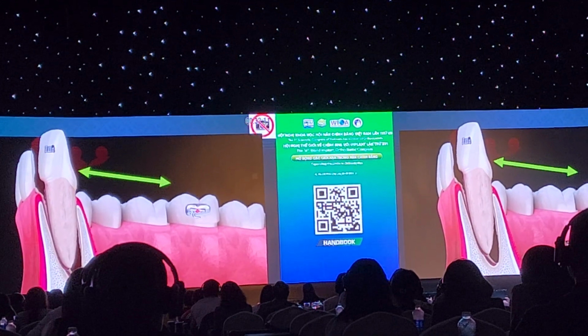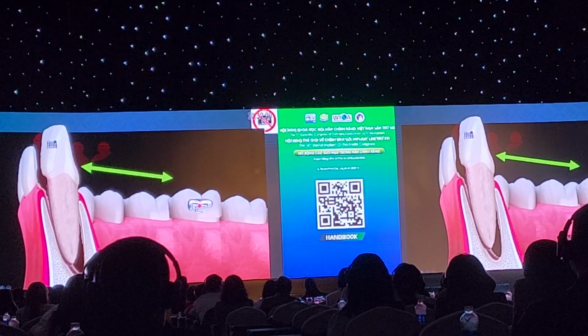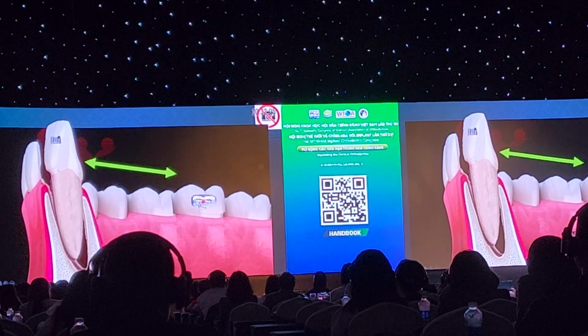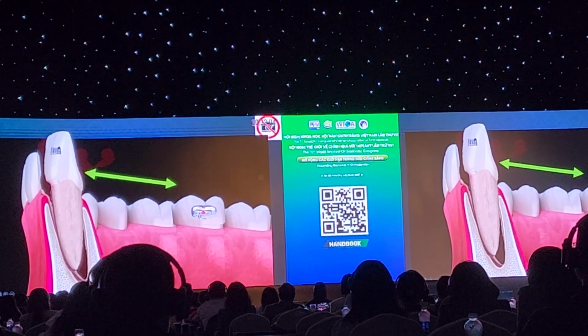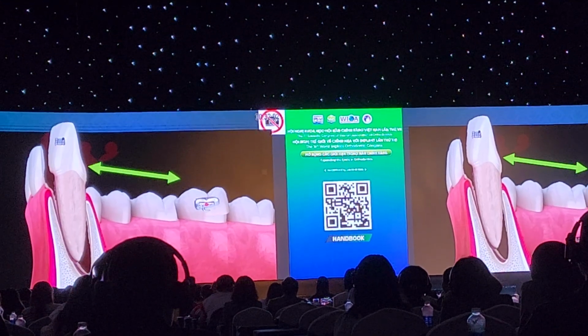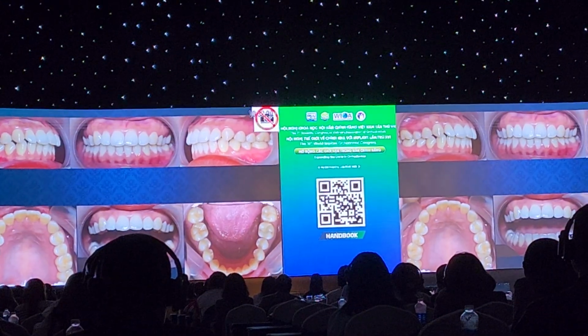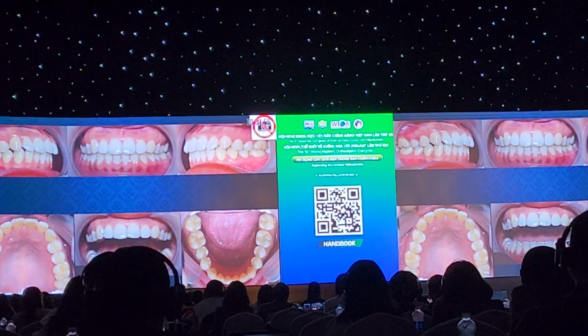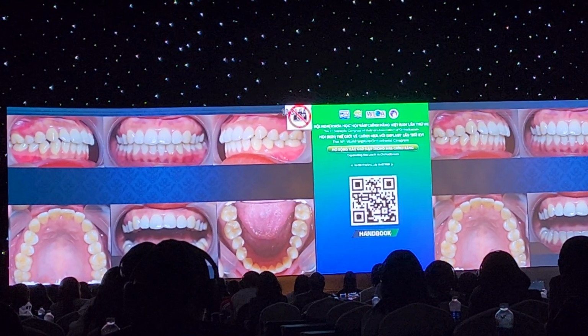And if we use the class 1 elastic in straight wire technique, what will happen? It will bring the teeth back and it will bring the molar forward. It will happen. And in this kind of situation, we see it's very normal, very common in the clinic.